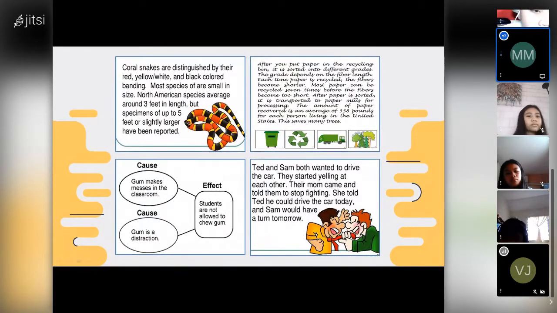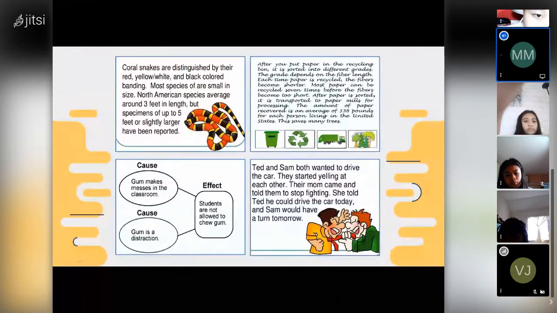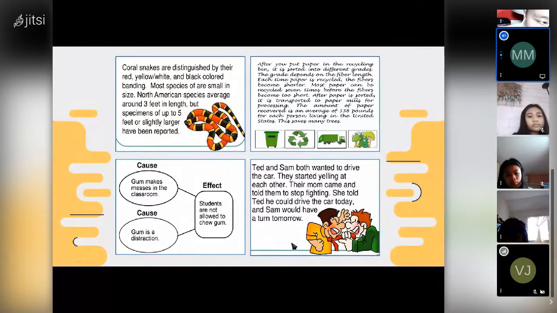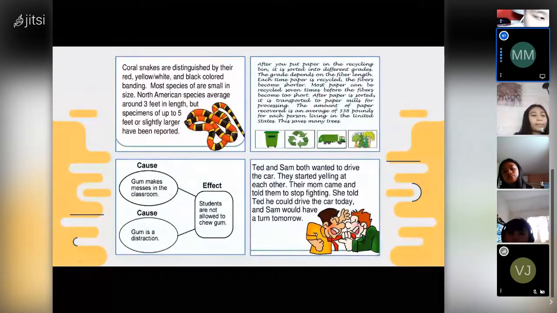Okay, how about the last picture? I want to hear from Josie. Where is Josie? Not here. I want to hear from Carl. Carl, how is the information organized in the fourth picture? Carl, are you still there? Okay, let's have another one. Let's have Vaughn.